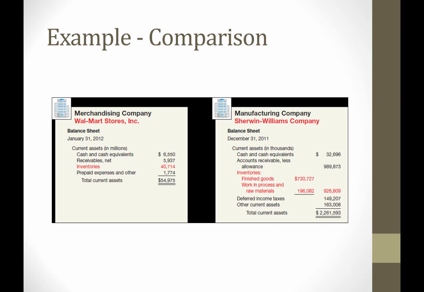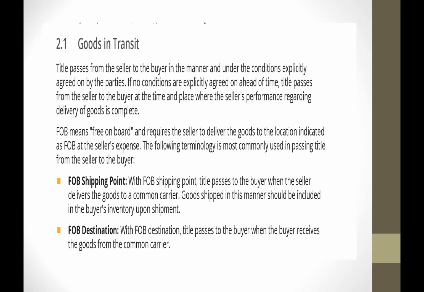Now remember we were going to talk about what specific items to include in inventory. So we talk about items in transit. When you look at items in transit, we have our free on board shipping point versus free on board destination.